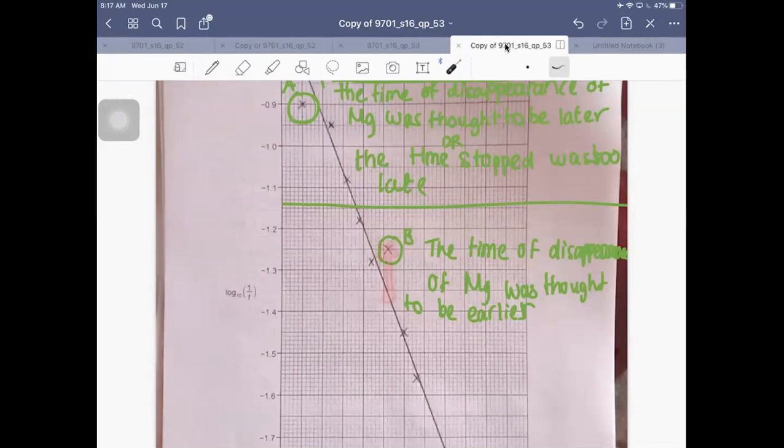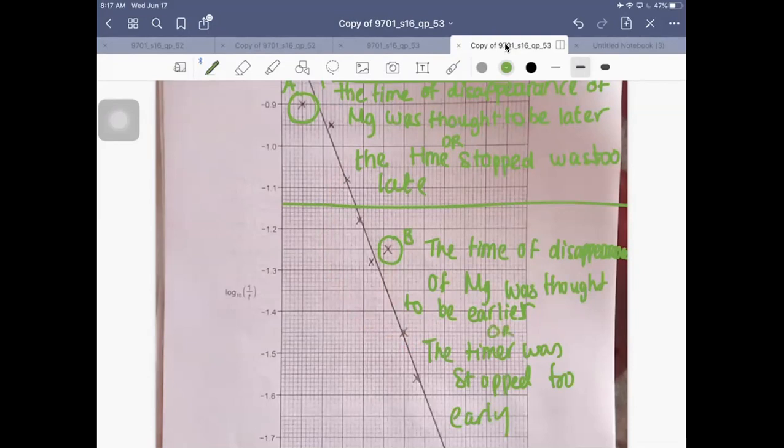Second reason, same thing, it's the opposite to your reasoning for point A. The timer was stopped too early. Or you just choose one.